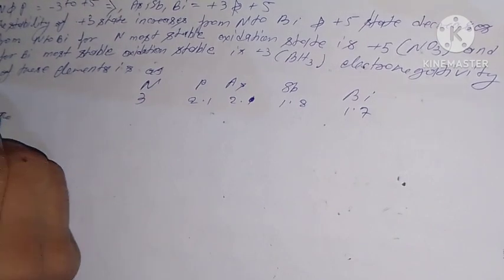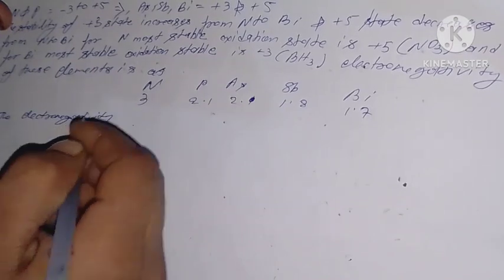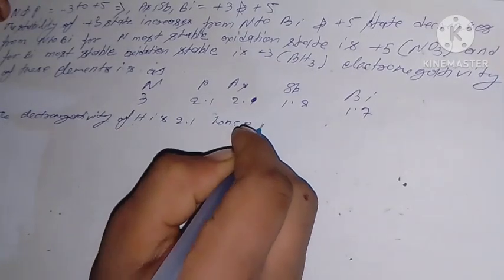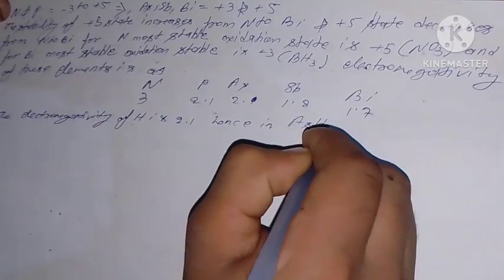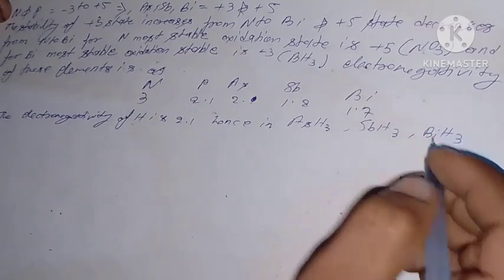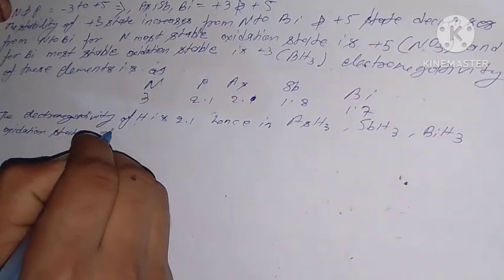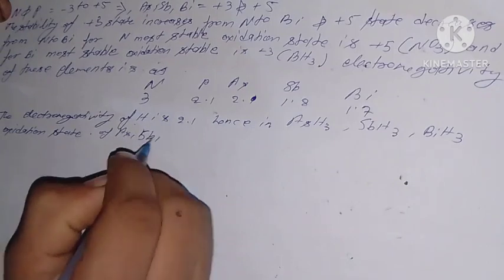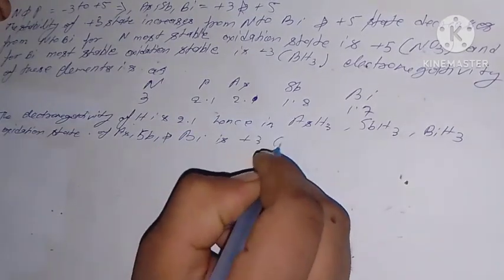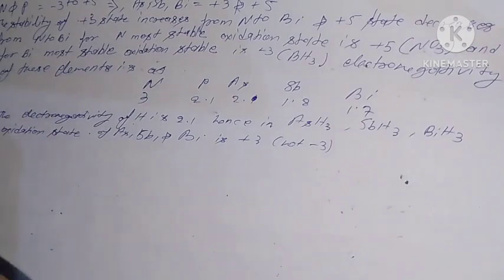Hence in AsH3, SbH3, and BiH3, the oxidation state of arsenic, antimony, and bismuth is +3, not -3.